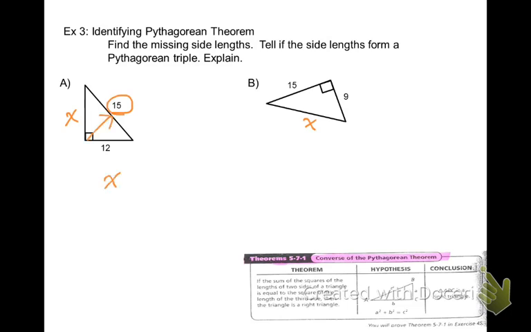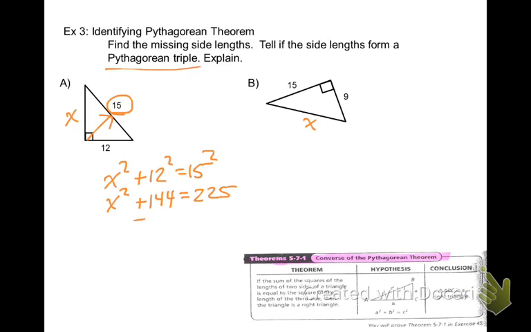So I'm going to have x squared plus 12 squared equals 15 squared. So x squared plus 144. And Pythagorean triple, I forgot to tell you, means all sides have to be whole numbers. So equals 15 squared is 225.